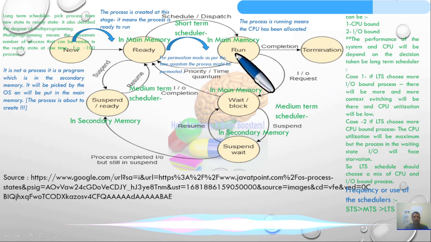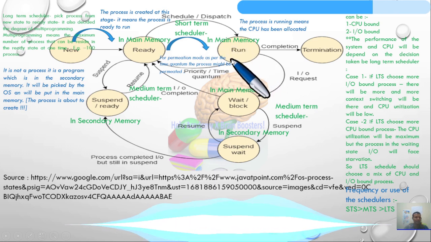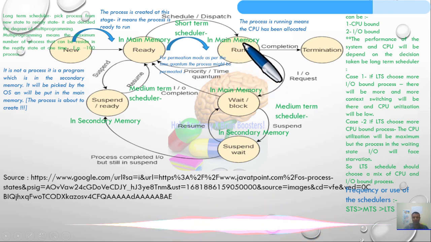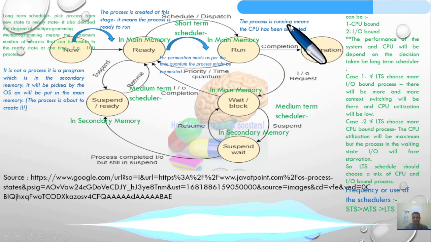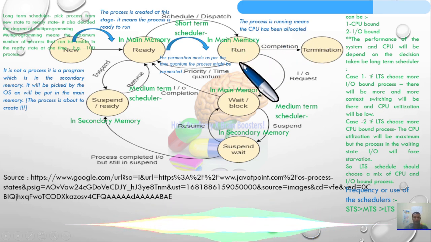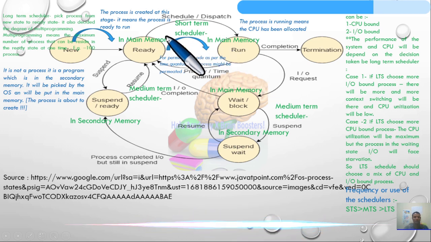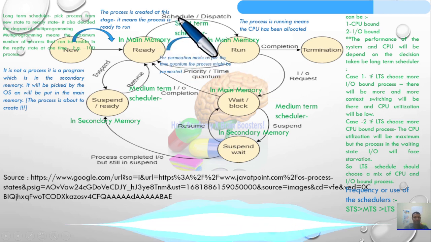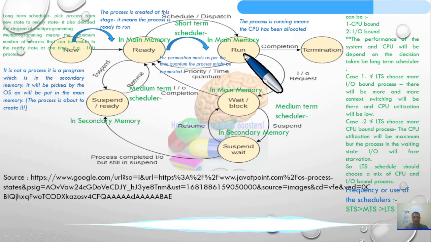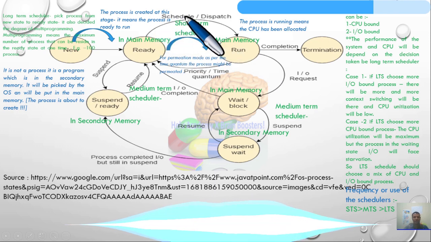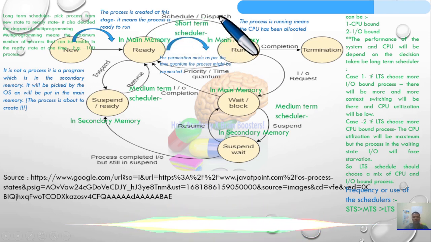The run state is when the process is in the CPU and already in the main memory. It is running with the CPU, which means the CPU has been allocated already. From the ready state to run, we have a scheduler; we say the process is scheduled or dispatched.